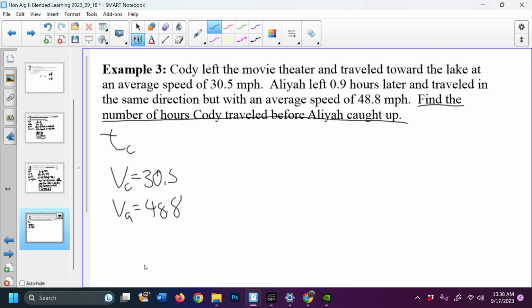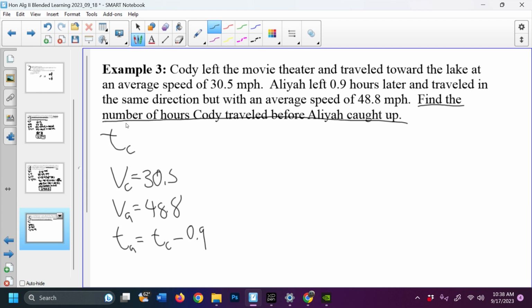And the time for Aaliyah, she left after. So since we're finding the time for Cody, she traveled for 0.9 hours less than what he did. So it's the time that Cody traveled minus 0.9.